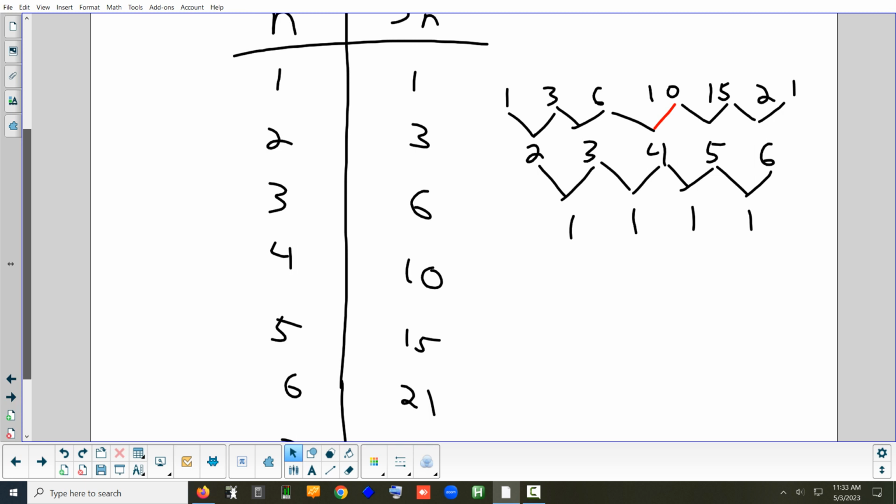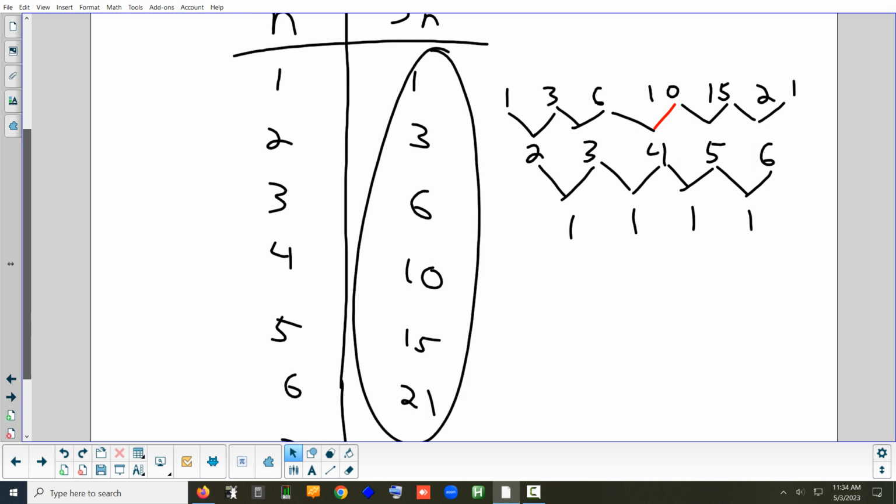But if you can make this difference tree, and you get a row of constants at some point, this tells you that the formula to represent all these numbers is a polynomial. Specifically because you had to do it 2 times, it tells you it's a polynomial with an exponent of 2. So that means the formula to predict these numbers is a quadratic.